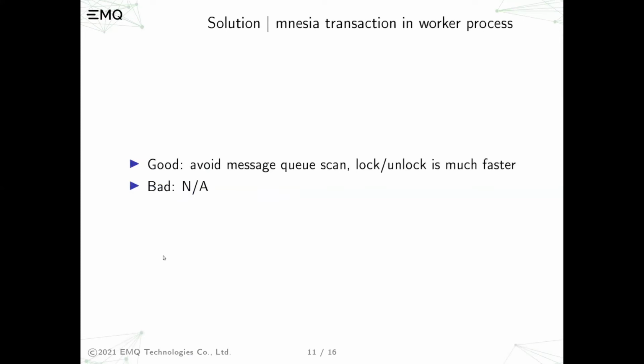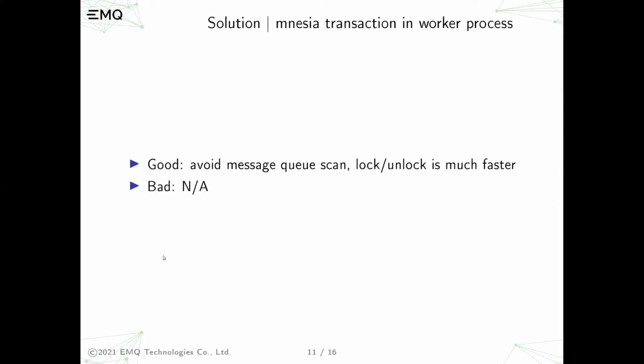Okay, then by testing our solutions, we also found that the Mnesia transaction runs very slow when the broker process has a very huge queue. That is because Mnesia is not optimized to do receive marks, or selective receive optimization.